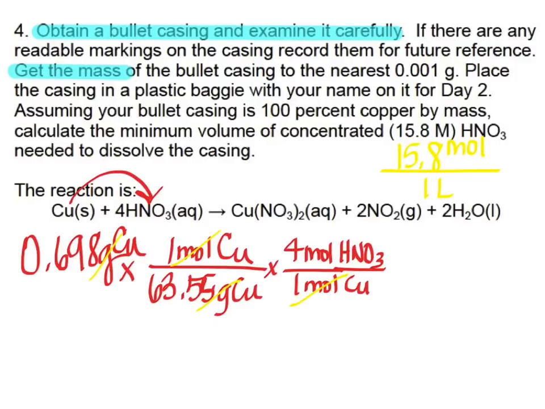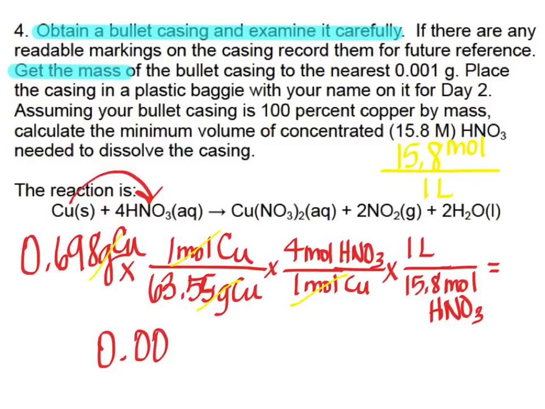So for every 1 liter, we have 15.8 moles of nitric acid. And that gets me to what? Somebody put that in the calculator for me. How many liters does that give me? 2.7? 2.7 liters.